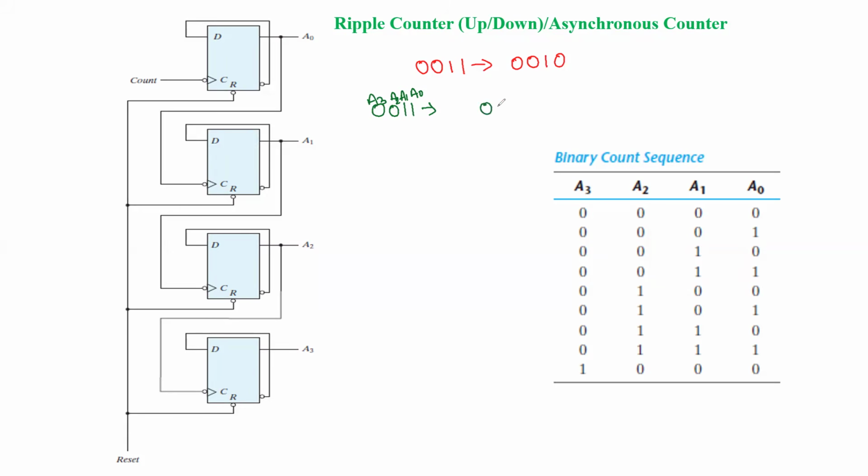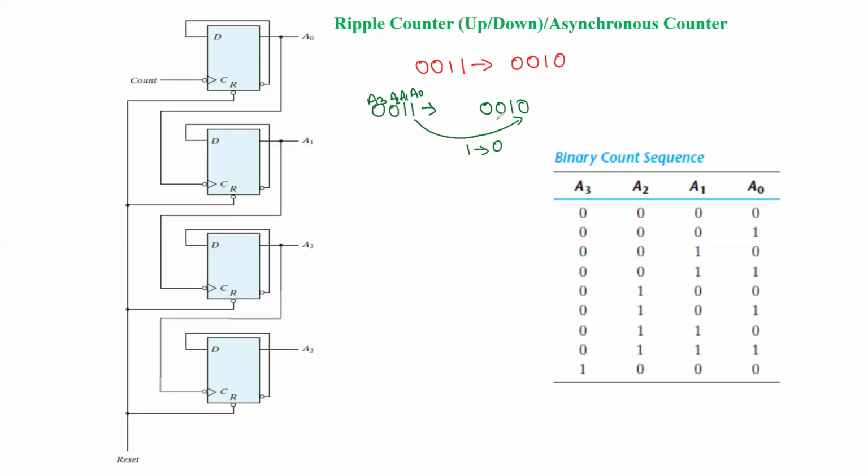So what do we get here? 0, 0, 1, 0. Now here it has a transition. It has changed to 0. But what is the transition here? It has changed from 1 to 0. Since the transition takes place from 1 to 0, now it doesn't have the capability to trigger these successive flip-flops.